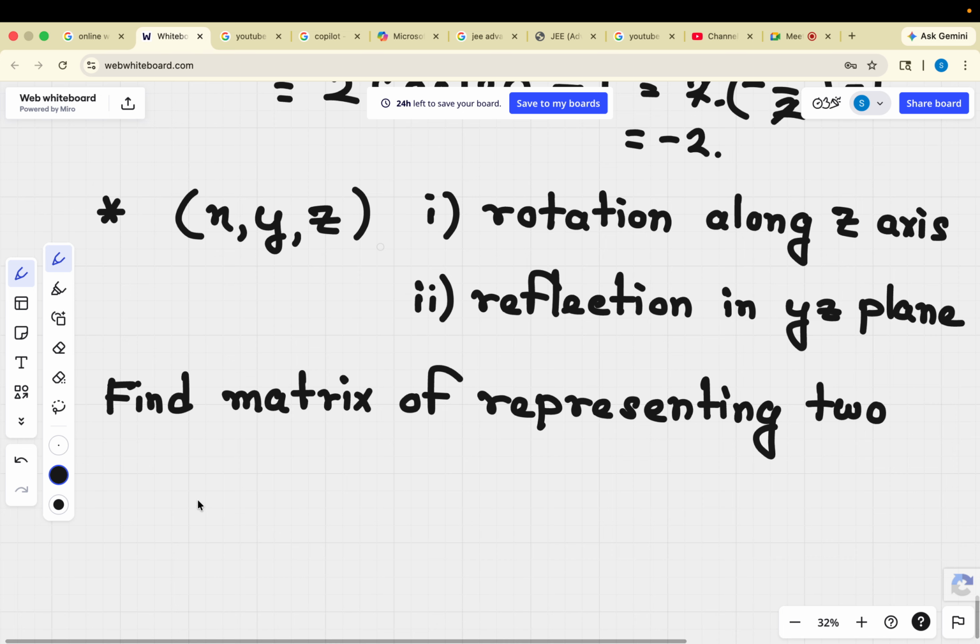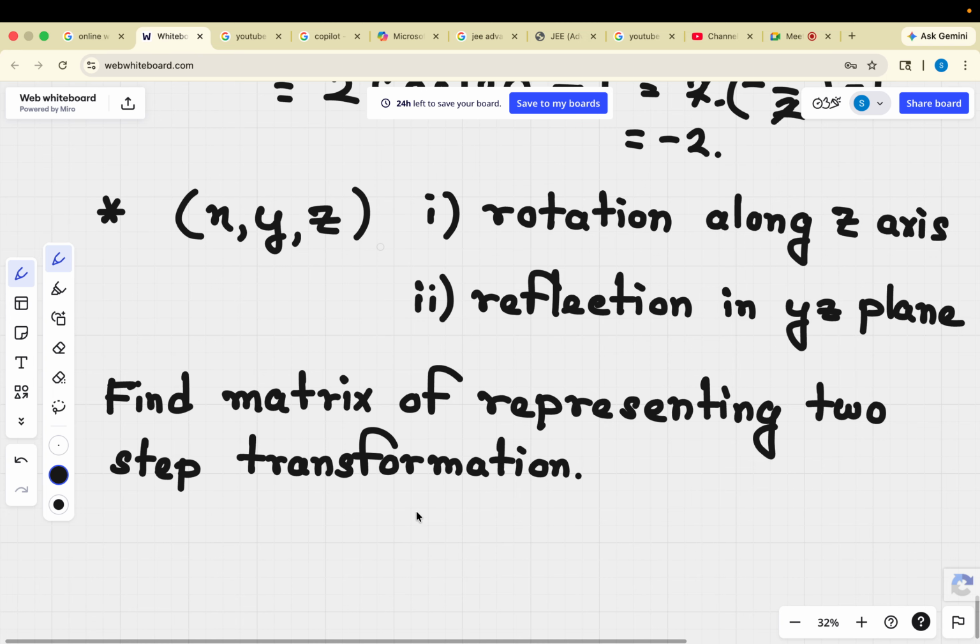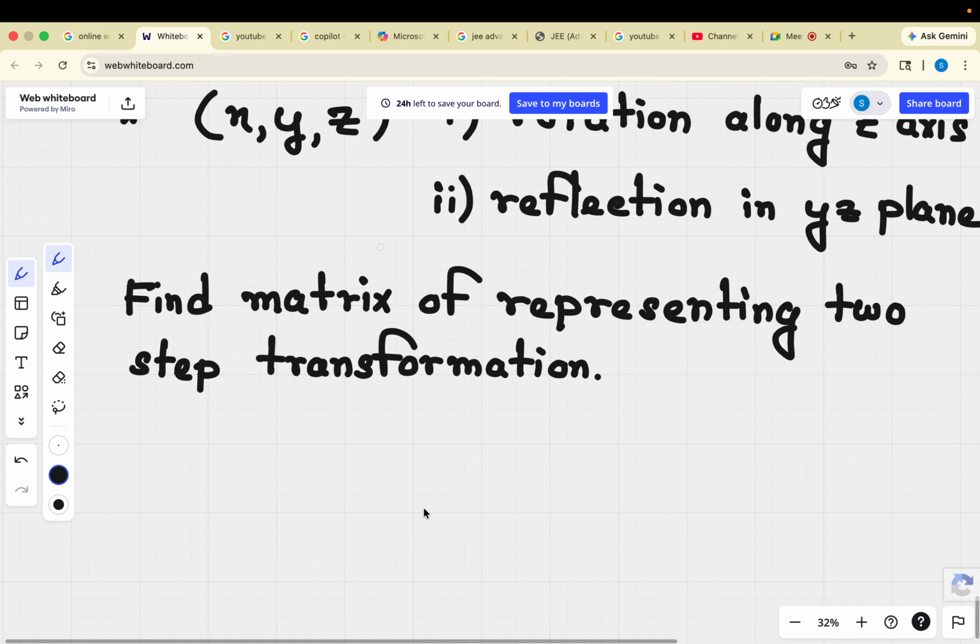Okay, two-step transformation. Okay, so that is the thing.